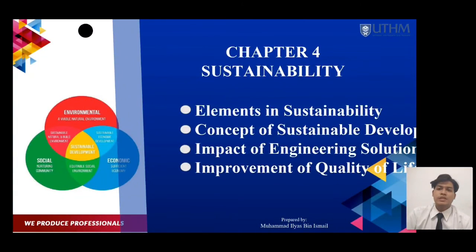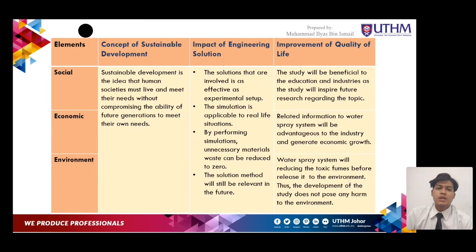Next, for chapter 4, which is sustainability, an example impact of the engineering solution is that by performing simulations, unnecessary material waste can be reduced to zero. The solution method will be relevant in the future because, as you can see, with this COVID-19 pandemic, we cannot do experiments in the university.